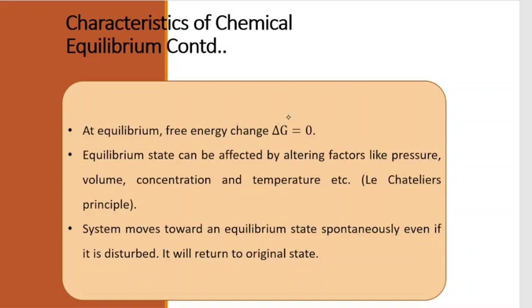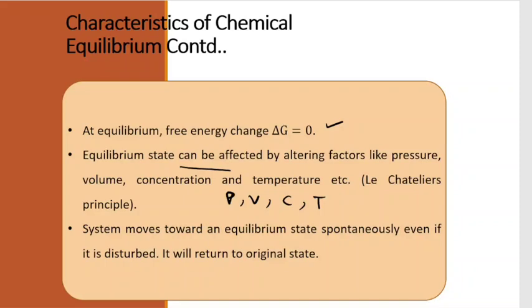In thermodynamics, we know about the free energy G, delta G. If the process is at equilibrium, the delta G value is 0, and equilibrium can be affected. We can disturb the equilibrium by means of factors like pressure, volume, concentration, and temperature.